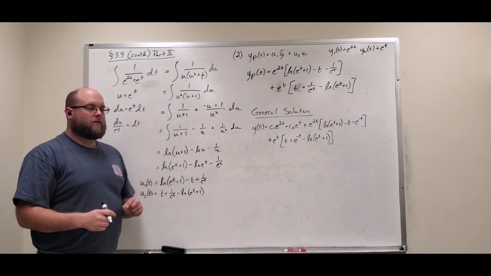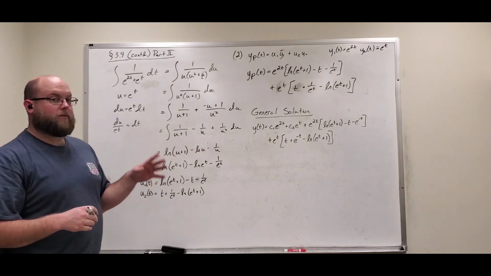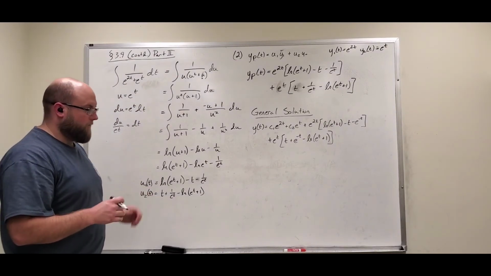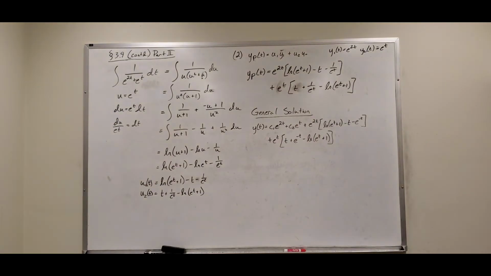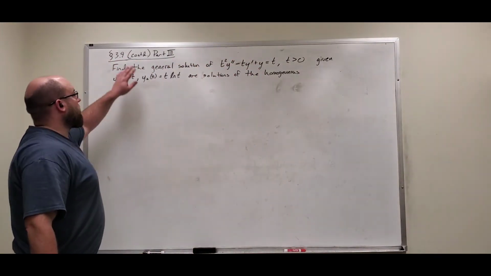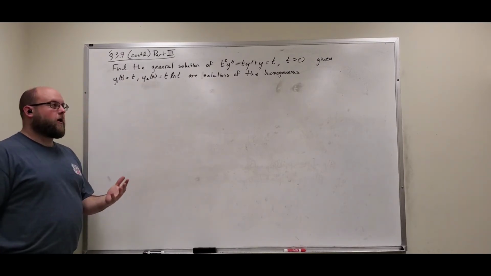Now, this was dealing with constant coefficients. The next example that we're going to go over is showing that we can actually deal with those that do not have constant coefficients in it. All right, so we're back with our third part here. I wanted to go over another example of the variation of parameters.